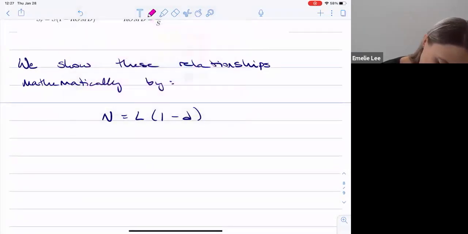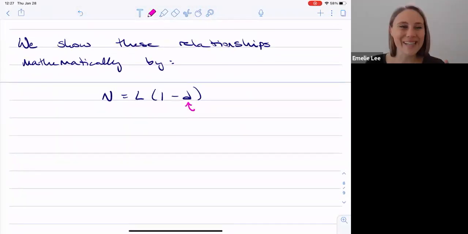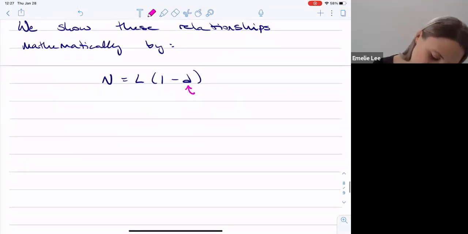I'm going to make some notes here. D is the trade discount as a decimal. It's usually given as a percentage, but for all these calculations we're going to convert it to a decimal.